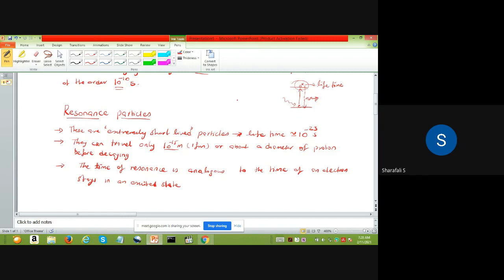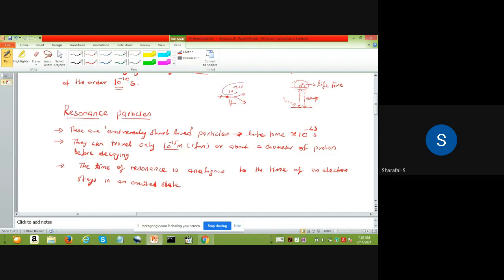Similarly, if you have these extremely short-lived particles, this will be formed with some process, and this particle will be here for 10 to the minus 23 seconds. After that, it can travel a distance of 10 to the minus 15 meters, 1 femtometer, and then it will decay into some other products.